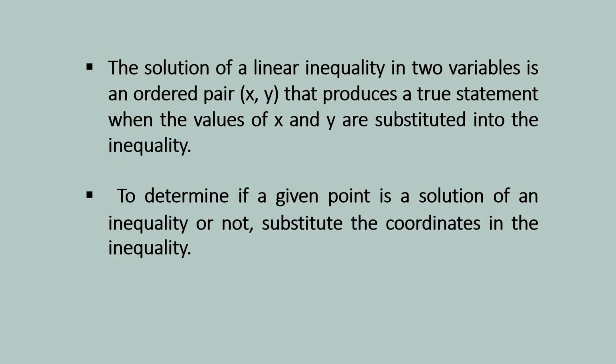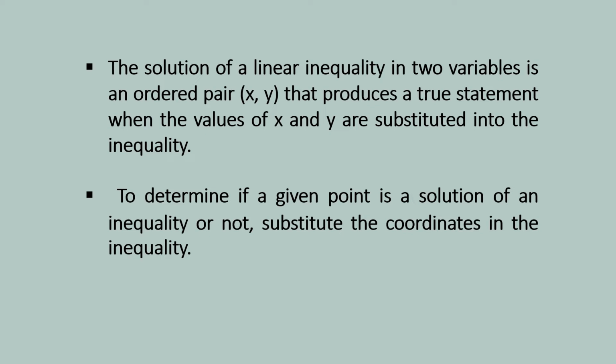The solution of a linear inequality in two variables is an ordered pair, x and y, that produces a true statement when the values of x and y are substituted into the inequality. To determine if a given point is a solution of an inequality or not, substitute the coordinates in the inequality.